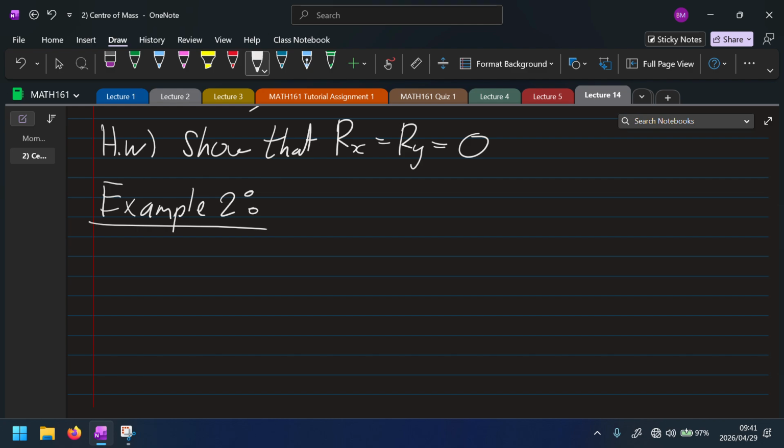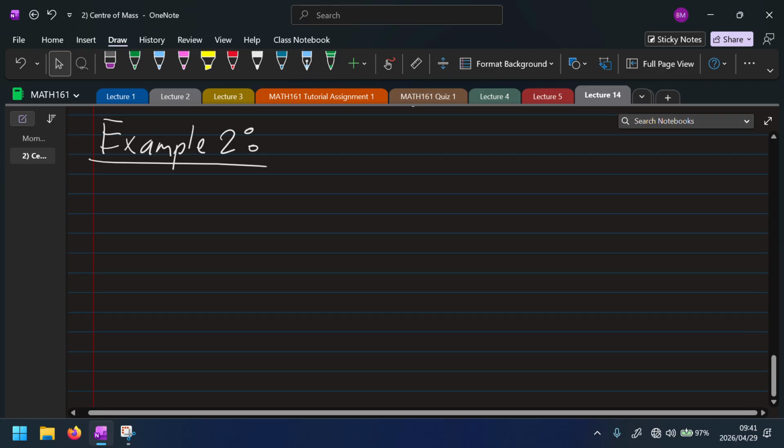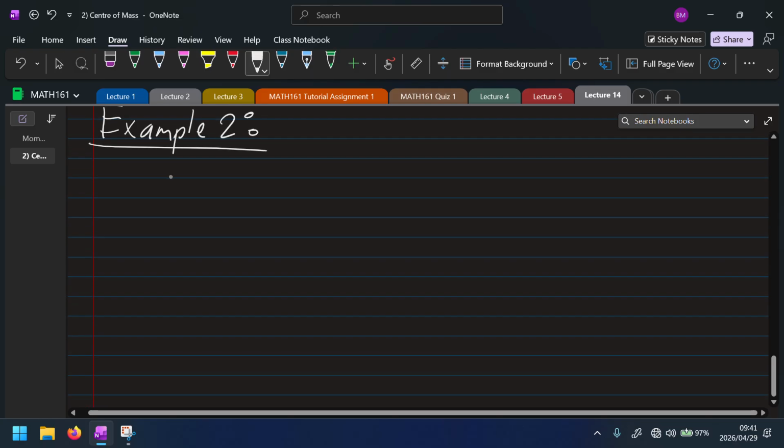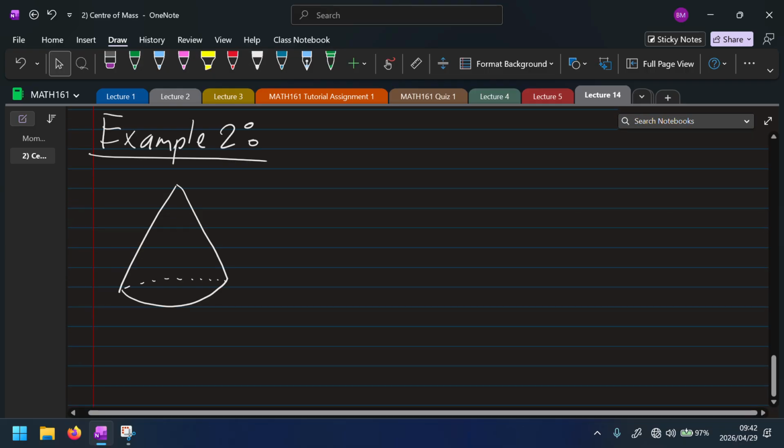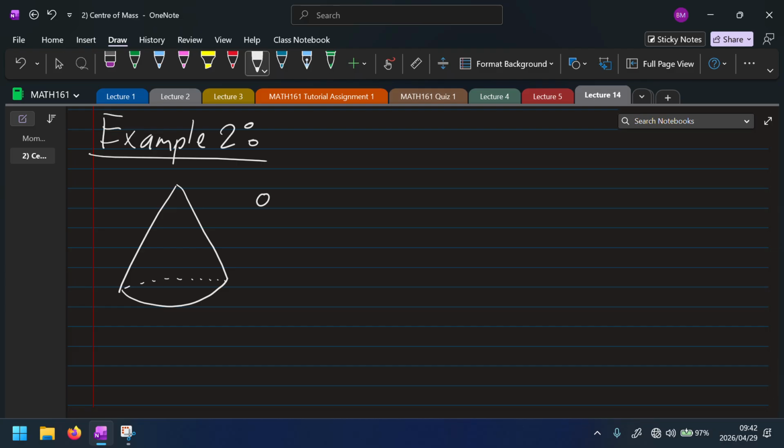Okay, we'll do one more 3D case, and then the 2D one I'll leave for you to do. Okay, it's not too bad. So example 2, let's make it a little bit more difficult. Okay, so we've got a cone, again, pretty simple, but now the density is going to change.